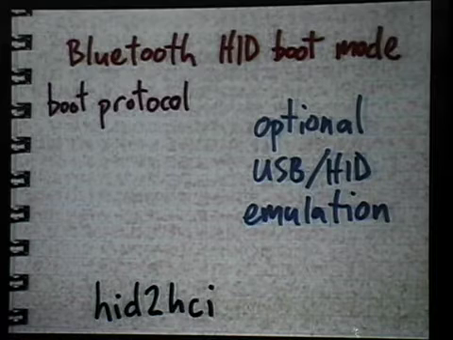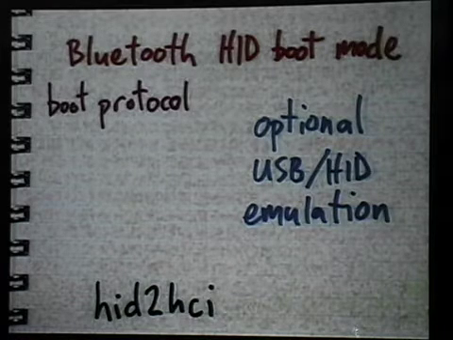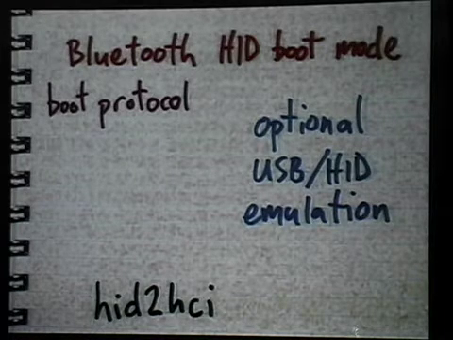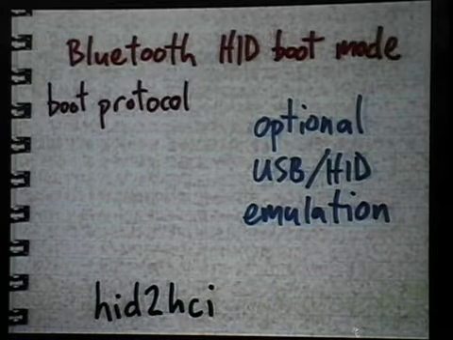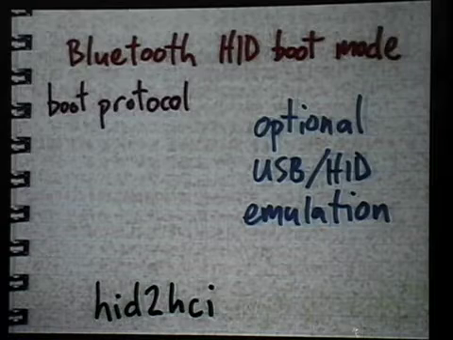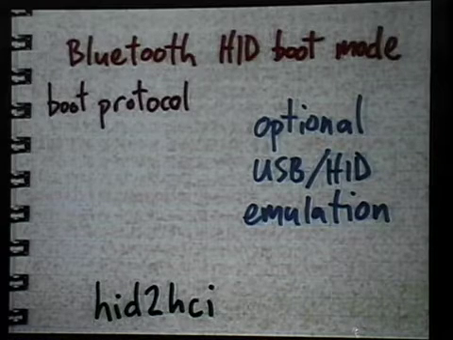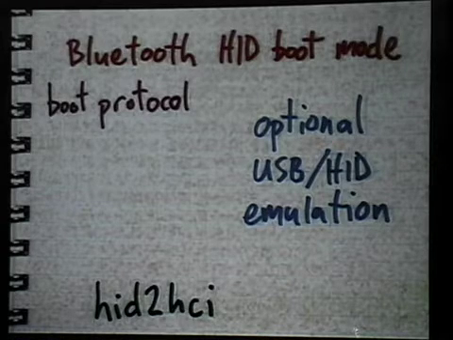When a device is in boot mode, or in particular when a dongle is in boot mode talking to a device, it's using the boot protocol to talk to the device. And it's also probably using USB emulation. So what it does is it tells the host computer, hey, I'm a USB keyboard. It doesn't tell it, I'm a Bluetooth adapter.